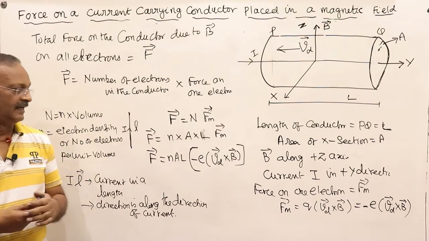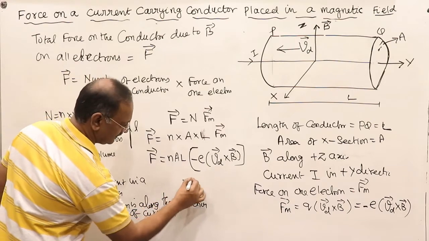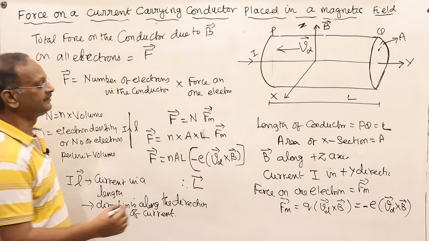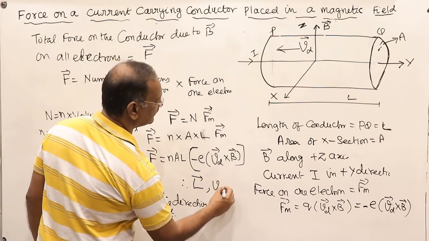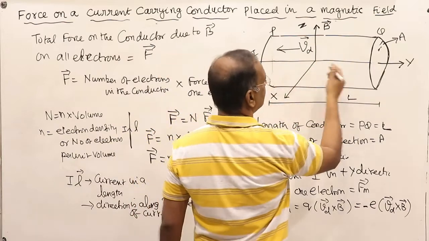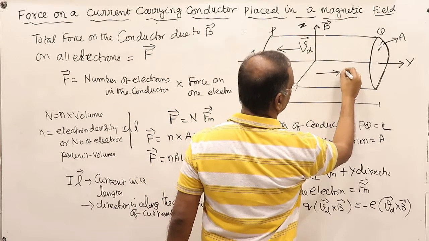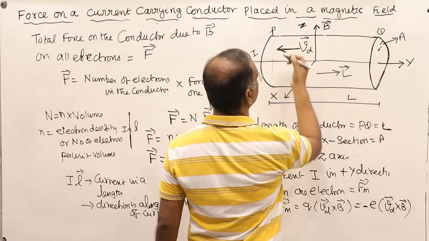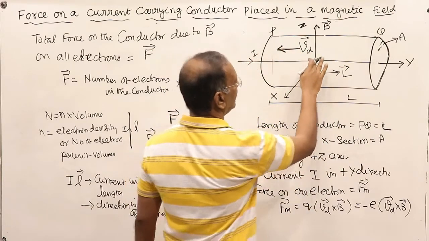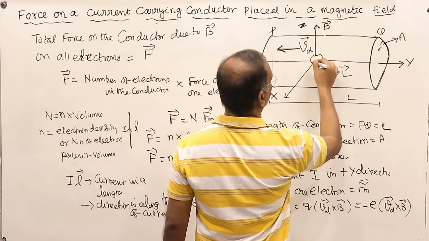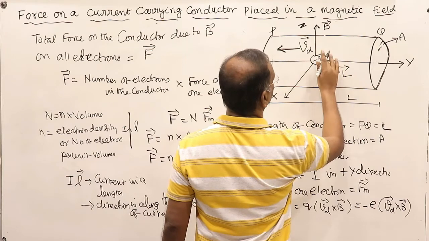Therefore, we can say L vector and drift velocity vector, because length is this way, current is flowing this way. So L vector is in this direction, drift velocity is in this direction. The electron flowing here is a negative charge, minus q.